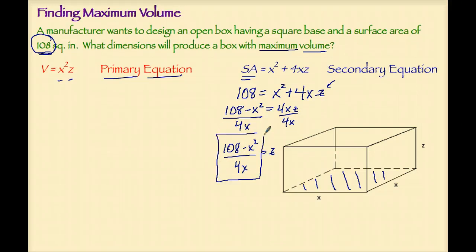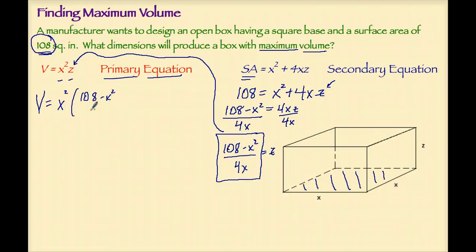The secondary equation was useful to me because I had a problem in my primary equation. But now that I have used the secondary equation to solve for one of these variables in terms of the other, I can rewrite my primary equation and substitute for z the quantity that I found, (108 minus x squared) over 4x.